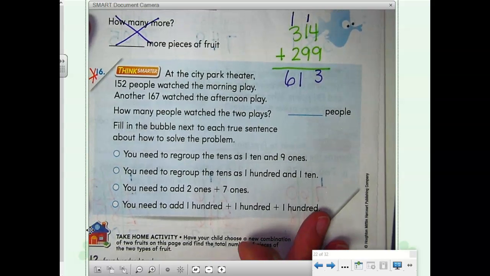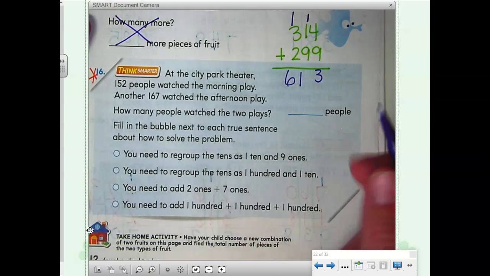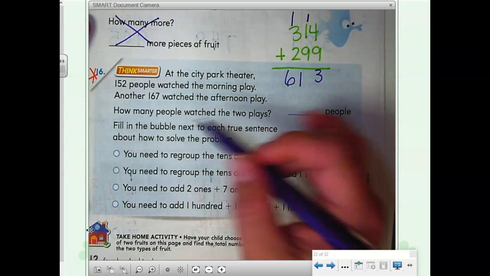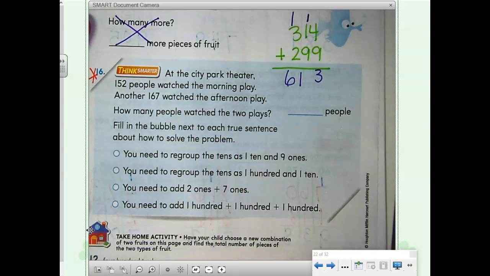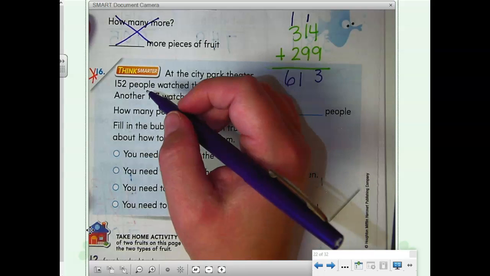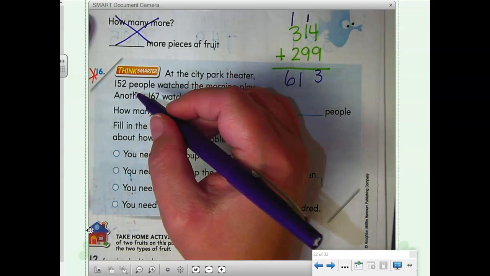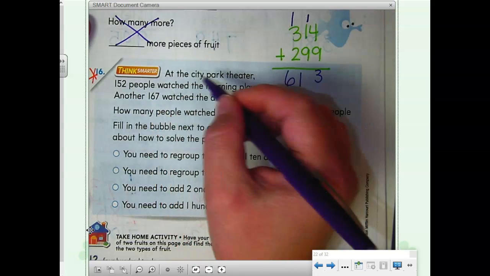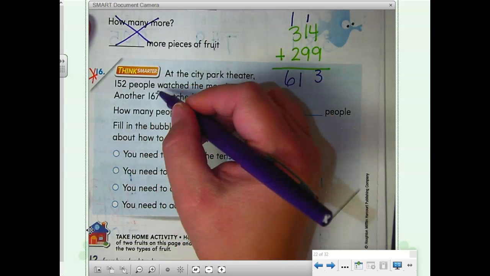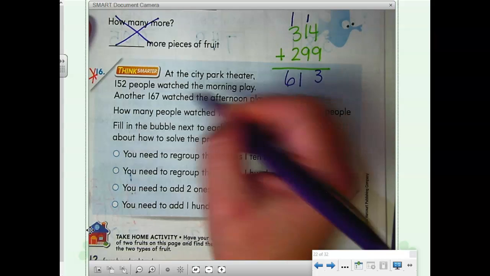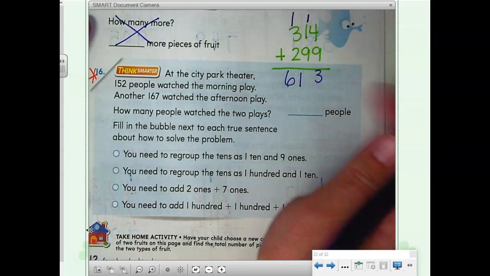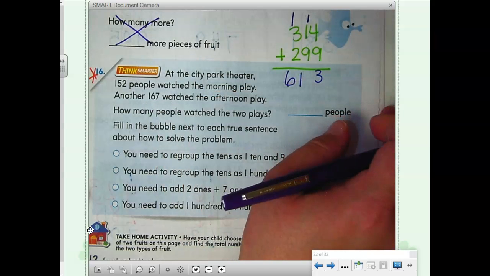All right, think smarter. At the City Park Theater, 152 people watched the morning play. Another 167 watched the afternoon play.